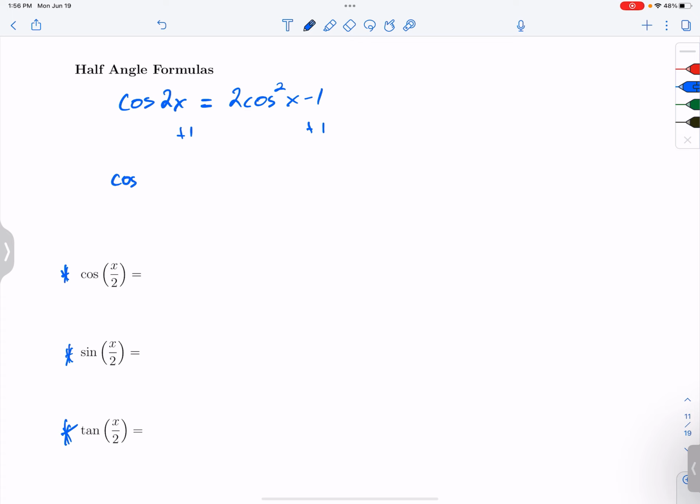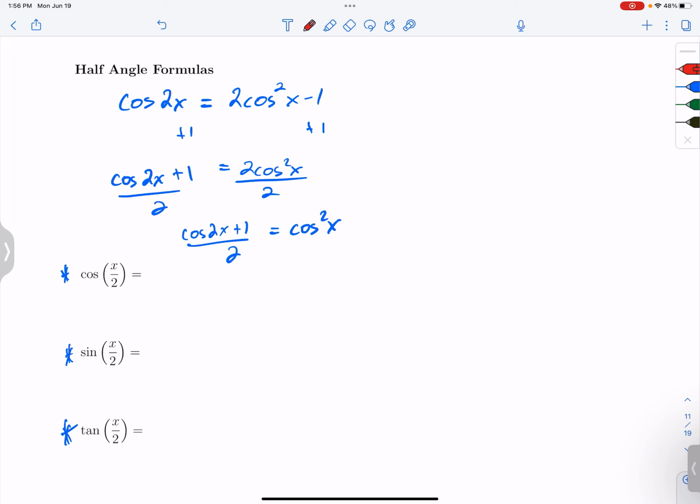So I get cosine of 2x plus 1 is equal to 2 cosine squared of x, and then divide by 2. We're left with cosine of 2x plus 1 divided by 2 is equal to cosine squared of x.